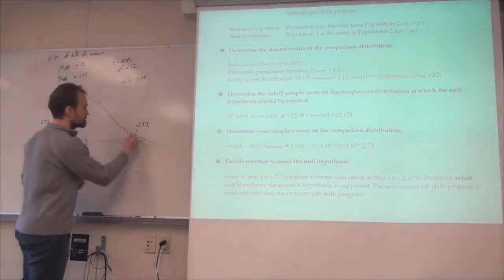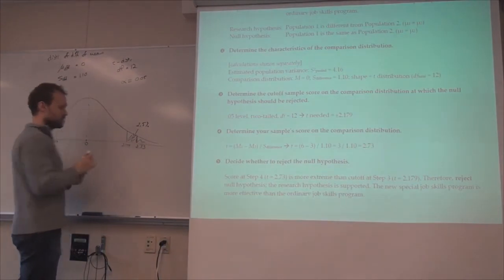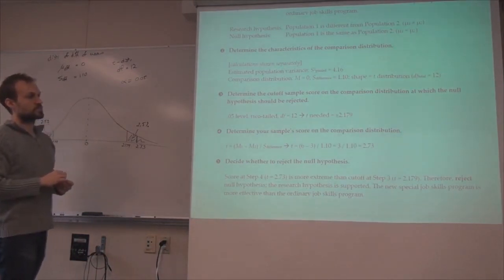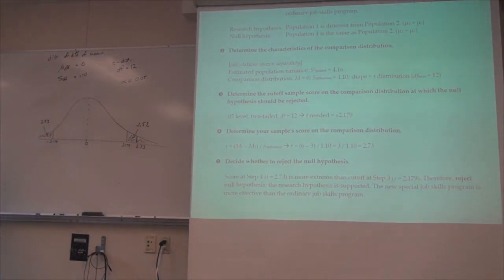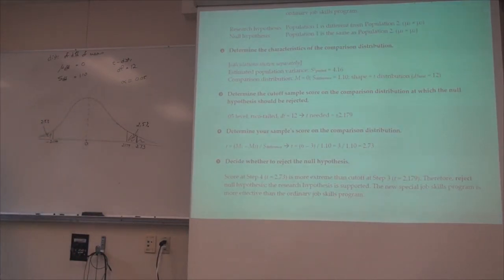Okay, it's extreme enough, not by too much, but it's enough, 2.73. So I can reject the null hypothesis. I have evidence that supports the research hypothesis that the two means are different at a significance level of 5%.